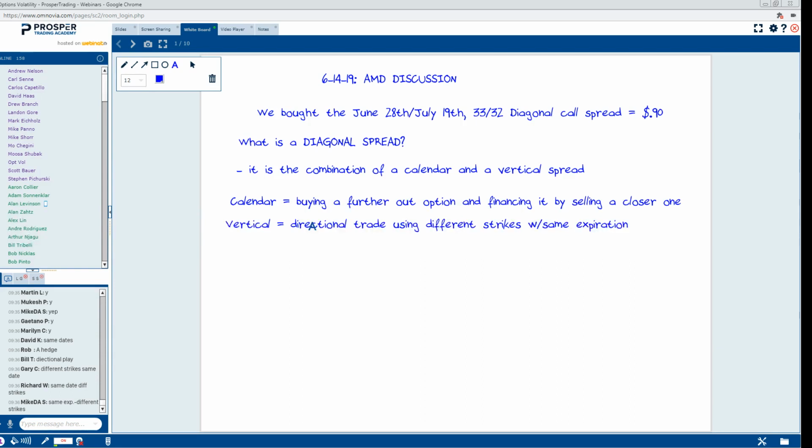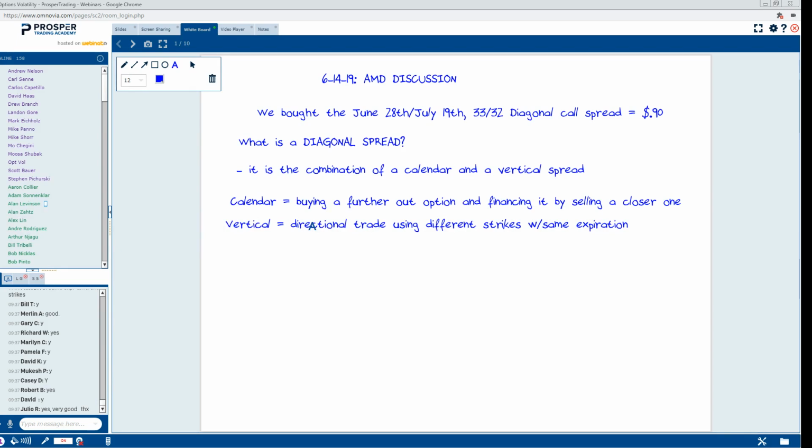Okay, so are we good right now with the concepts of calendar and a vertical? Okay, now, what if we want to combine the two? And we'll go into the rationale and the reasoning of why we would want to combine these two types of spreads, a calendar and a vertical.